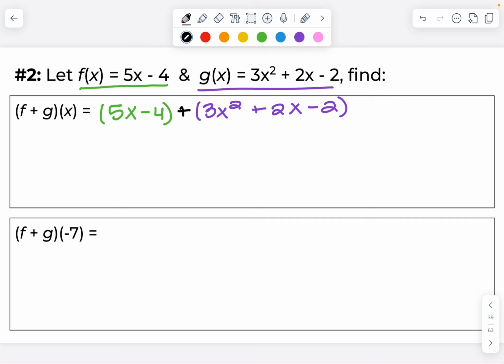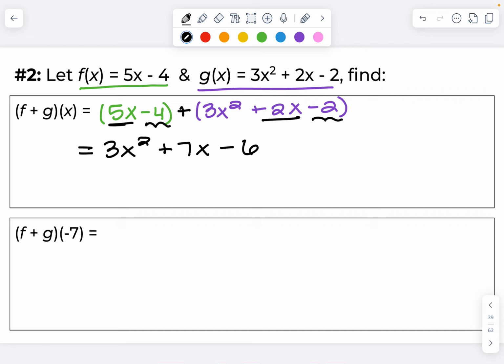And again, I can jump straight into combining because I don't have subtraction or multiplication going on here. It's just addition, so I can jump straight to combining like terms. The 5x plus the 2x gives me 7x. The negative 4 and the negative 2 combine to give me negative 6. And that is f plus g of x.